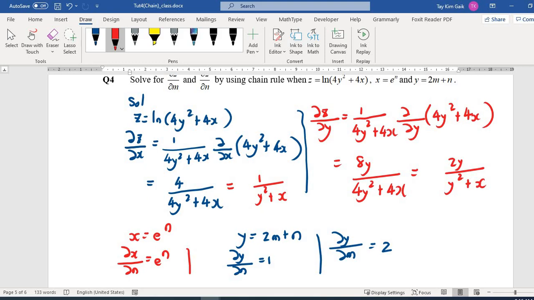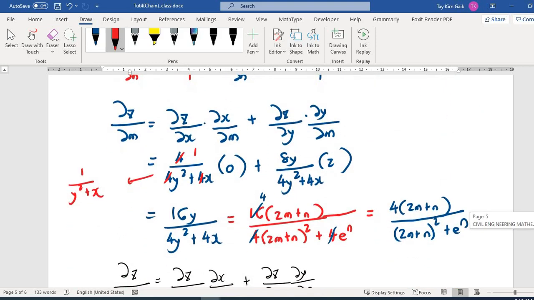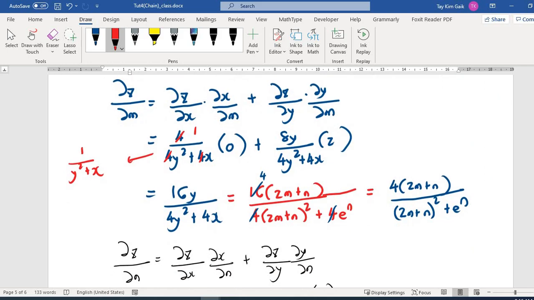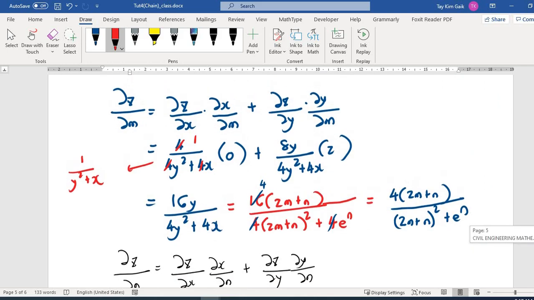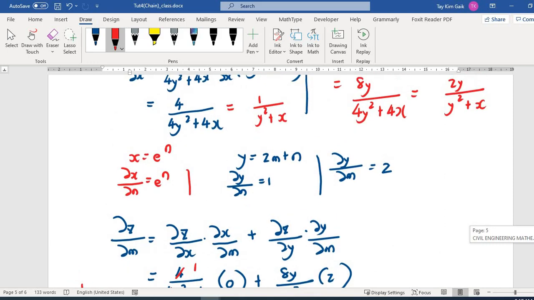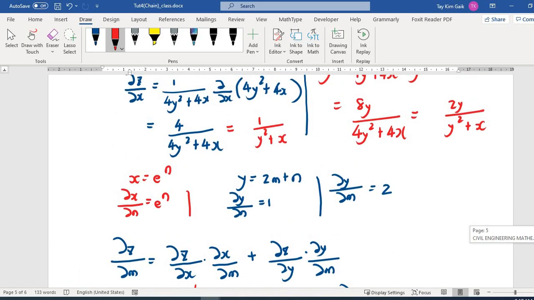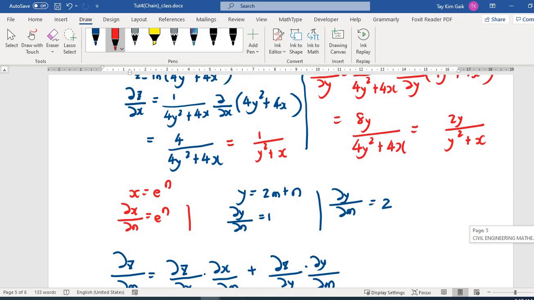Sebab saya tak faham kan kita kena del X tu kan kita kena bawa keluar 4y/2 tu kan. I think yang satu y/2 tambah x tu kan.